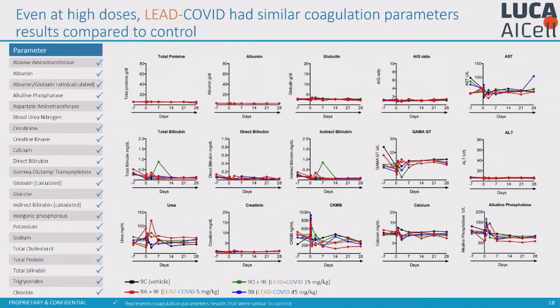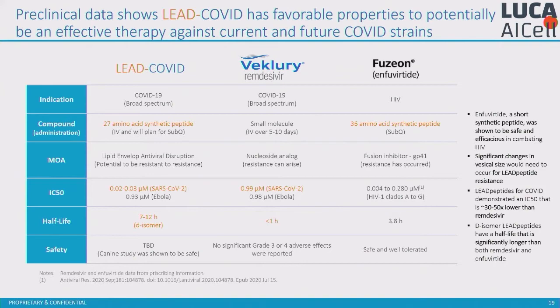This is very exciting data, because it shows no toxicity. Compared with existing antiviral drugs, these broad-spectrum drugs have favorable properties and are a potential effective therapy against current and future COVID strains, not only COVID but unknown viruses. The IC50, half-life, and safety are basically defined.